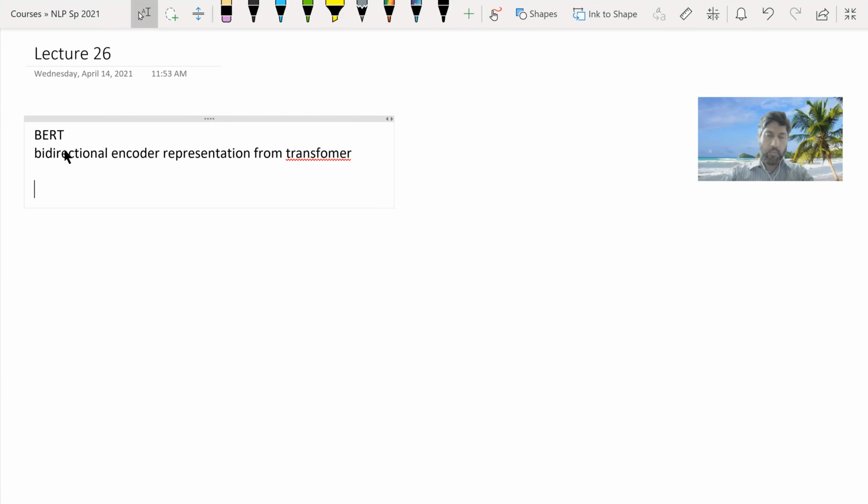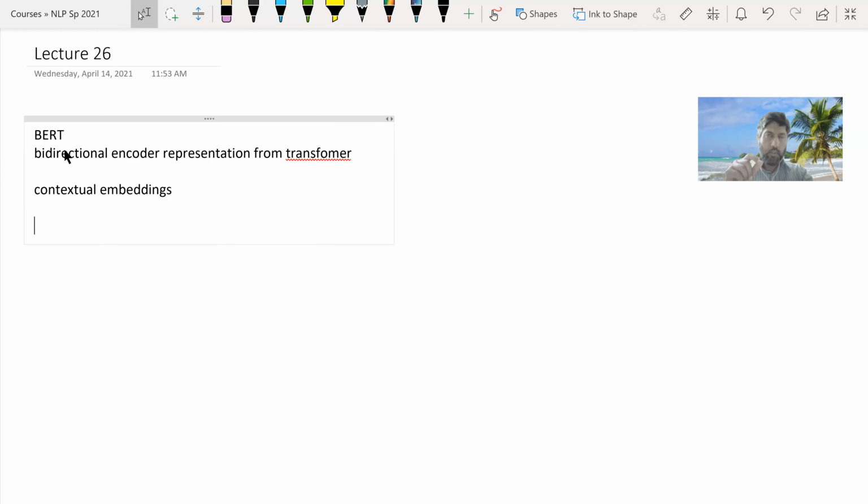Also, to distinguish this type of embeddings from the ones that we have studied already, like word-to-vec, this is sometimes also called contextual embeddings. So why is it called contextual embeddings? Because you get a representation for a word based on the context in which that particular word appears. So previously, when you learned word-to-vec, for example, for any given word, you will have just one embedding based on whatever training data set you had used.